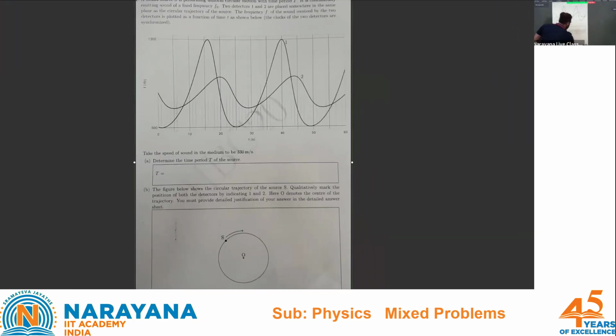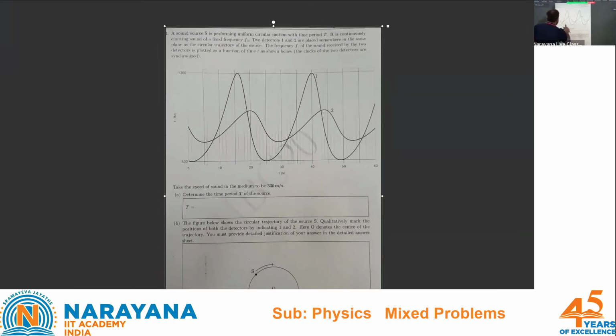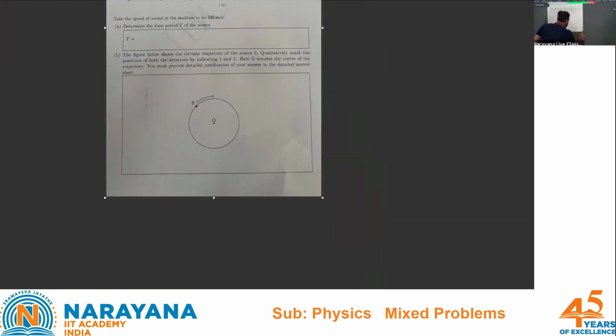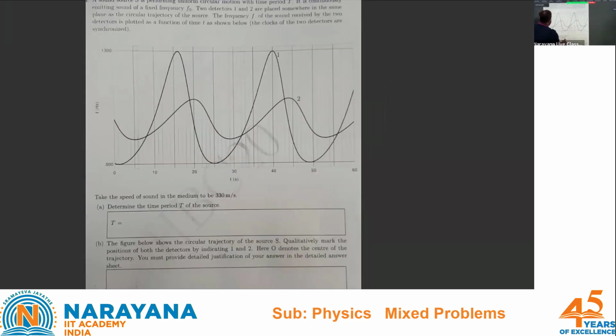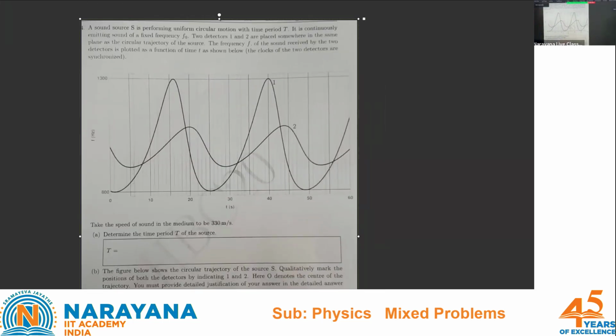Try to interpret as much information as possible from this graph. I'll help you out with some information. The value that we are observing here is 16.